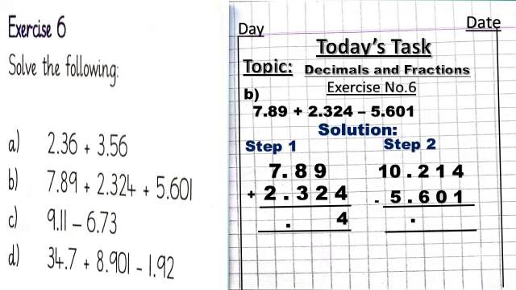And 9 plus 2 is equal to 11. We will write single digit 1 and 1 will shift in the next column. Now adding these three digits, 8 plus 1, 9, 9 plus 3, 12. So we will write 2 here and 1 will shift in the next column.